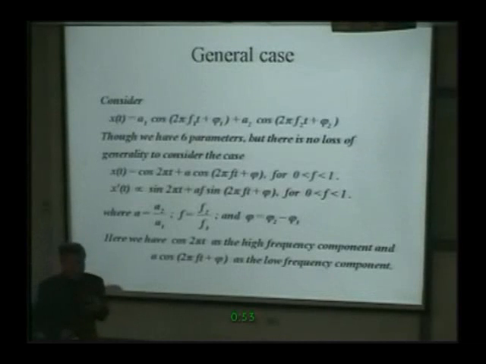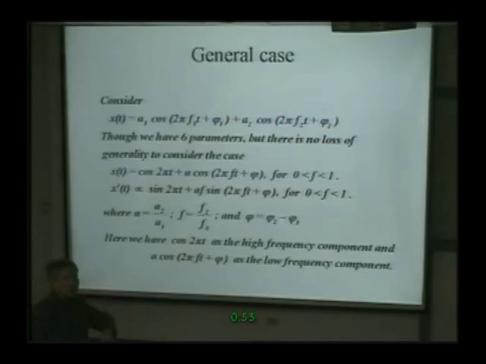Then he studied another thing empirically. What he did is take a cosine F1 plus A2 cosine F2 with arbitrary phase shift. This is his signal, two frequencies. He wants to find out when he can sort it out. But because it's two frequencies, we have 5 parameters: A1, F1, phi1, A2, F2, phi2.